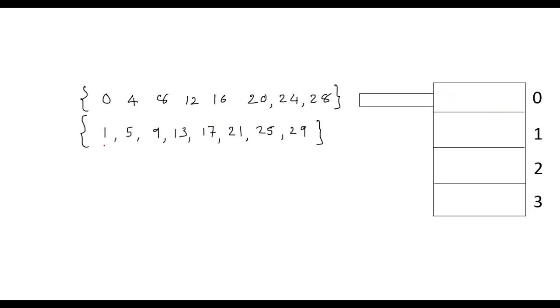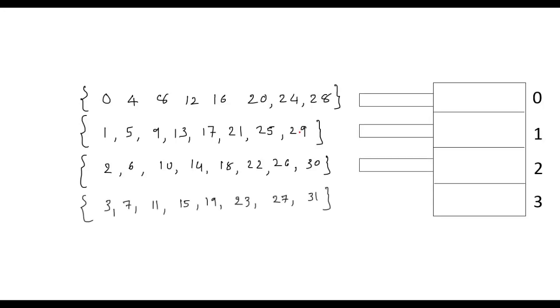So consider that this one is the cache memory and these are the block numbers. Now these are the main memory block numbers for which the result of modulo operation is 0. So all of these blocks will be transferred to the 0th block of cache memory. Similarly, these are the blocks for which the result of modulo operation will be 1, for them the result will be 2, and for them the result of modulo operation will be 3.